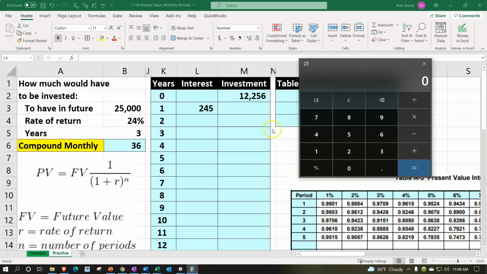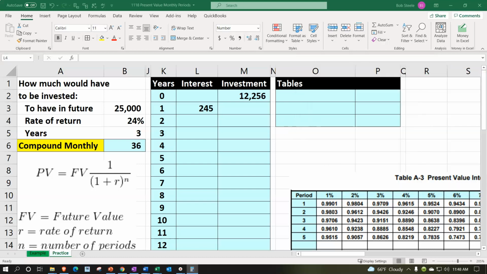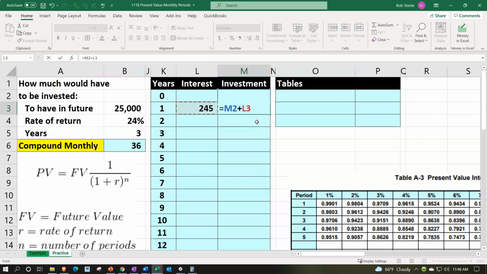Or, and this is how you kind of think about it in Excel, you could take the 0.24, the yearly rate, divided by 12, giving you the monthly rate, 2%, then times the 12,256. And you'll get to that same result, about, rounding involved. All right, so then that means the investment's going to equal the 12,256 plus the 245.